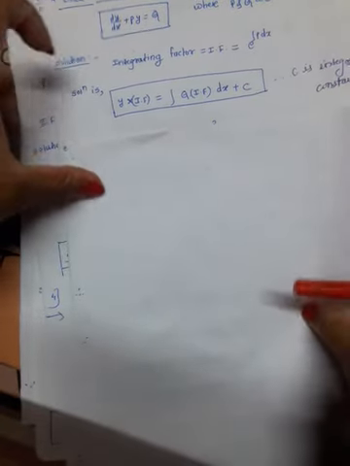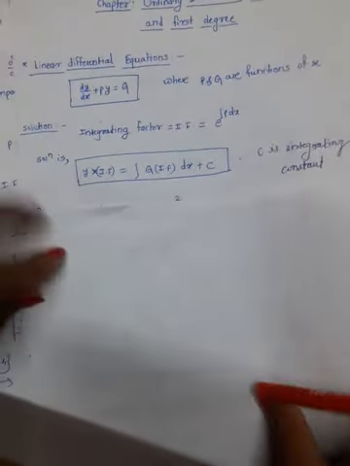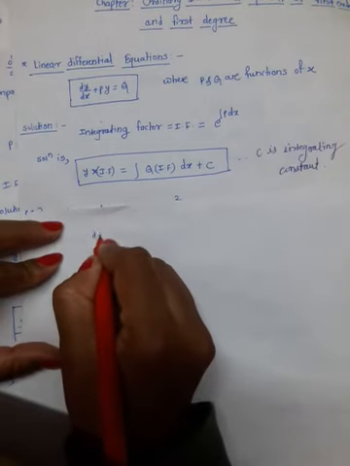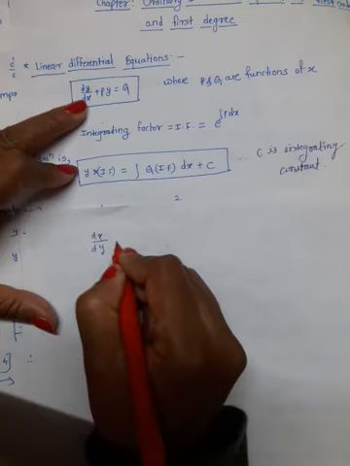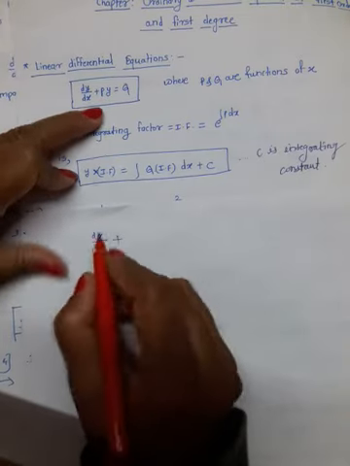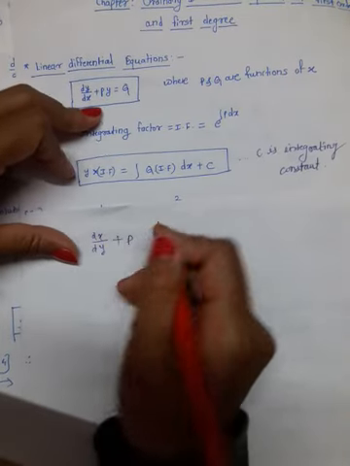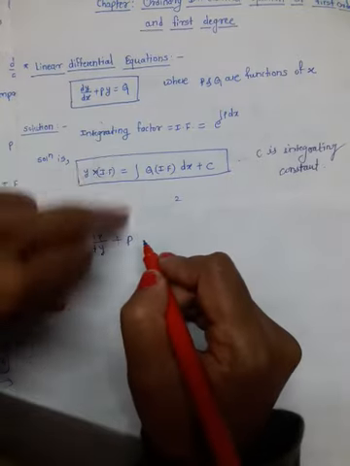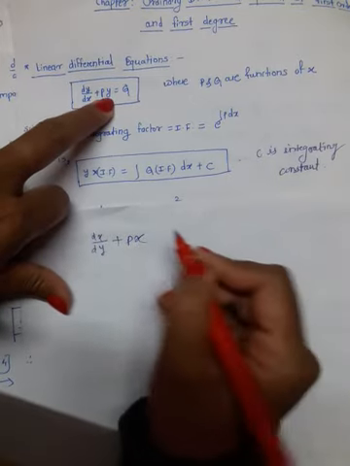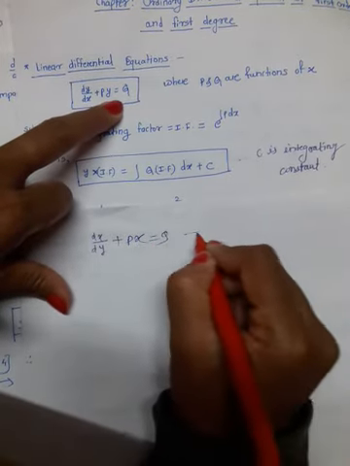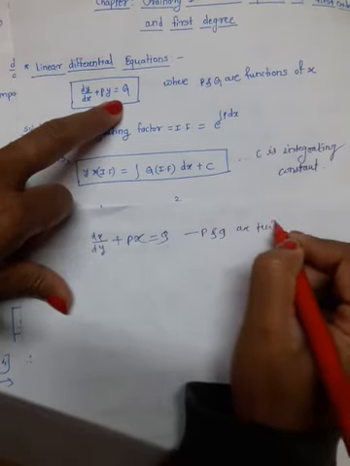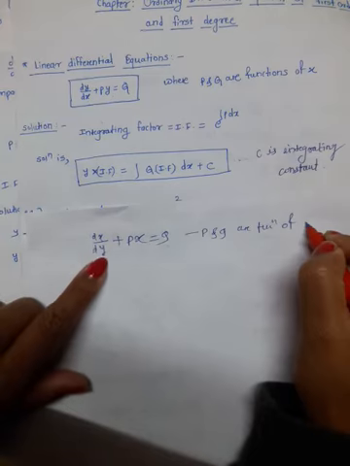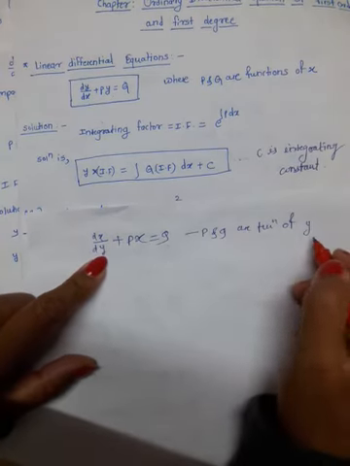Instead of y we put x, instead of x we put y. Plus p and q are the notation, that's why I don't change that. P as it is, q, instead of y it becomes x, where p and q are functions of this y. Now instead of x this is y.